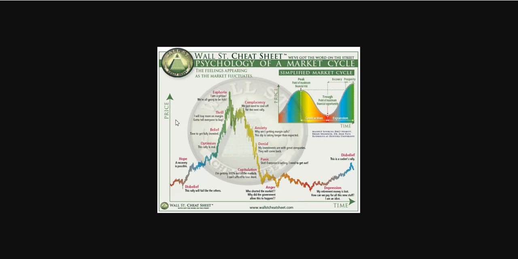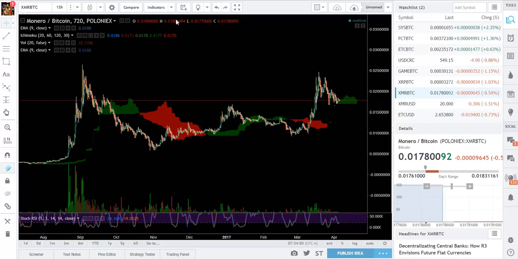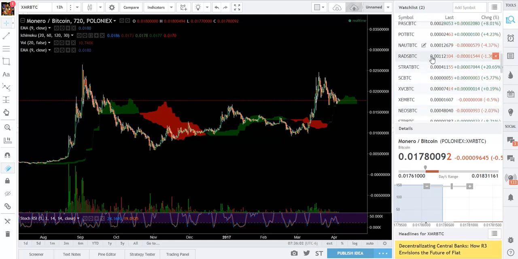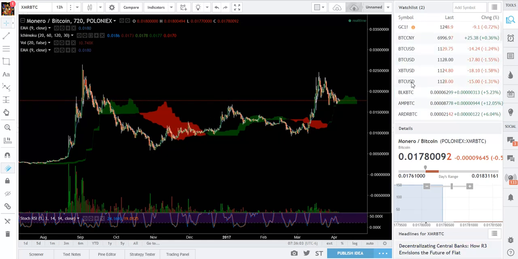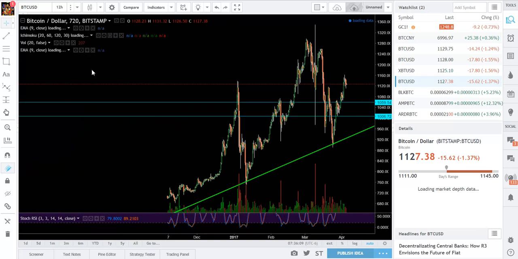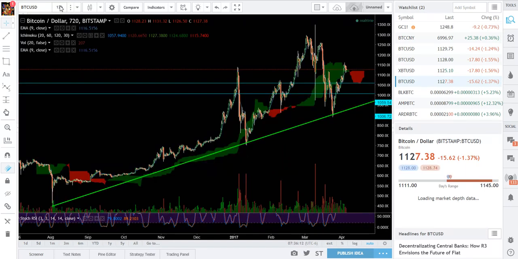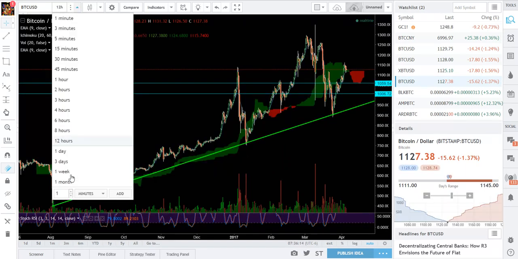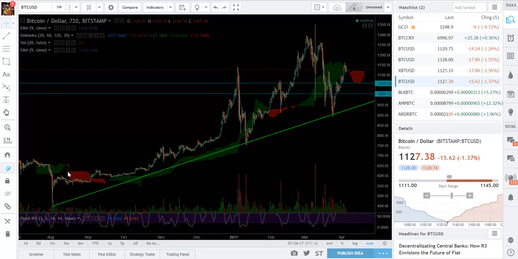So these cycles that repeat are going to be profoundly larger as more money comes into cryptocurrency, if that makes sense. And a real fine example of that, and we'll come back here to Monero in a second, is just looking at the Bitcoin chart on Bitstamp on, let's say, the weekly.